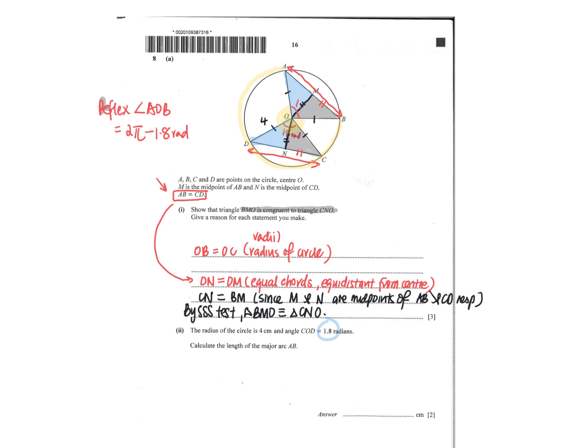So knowing that, I just need to find not area, arc length, which is r times theta. So my radius is 4, my theta is this. You just have to press the calculator. So it's 17.9 cm, 3SF.